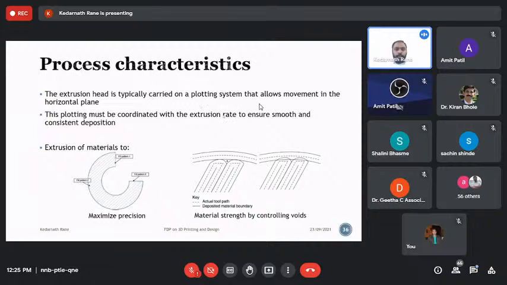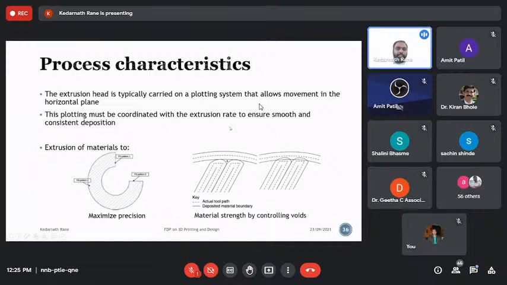Then the coordination of extrusion rate and deposition is again important. Please refer back to the modeling work related to the extrusion and deposition processes.